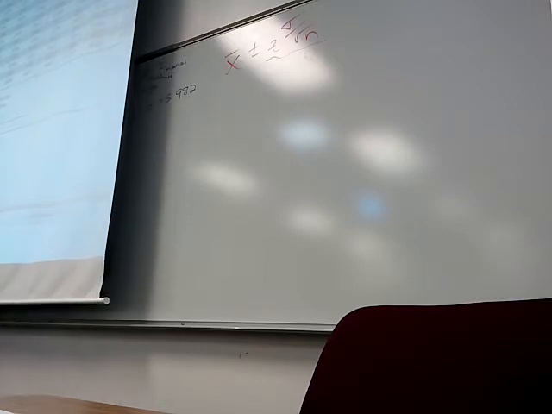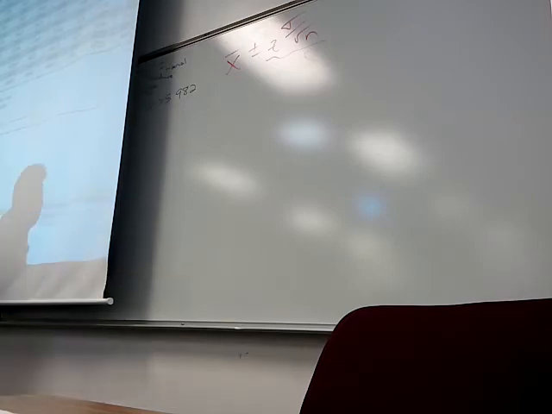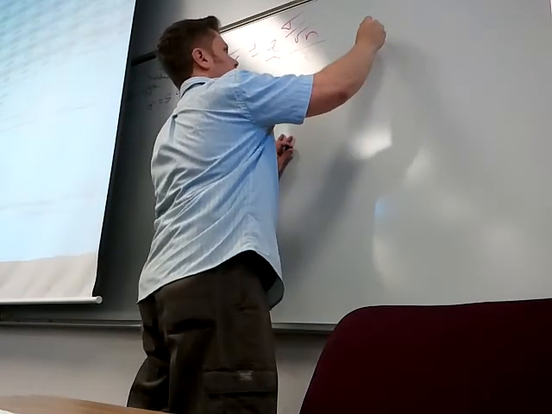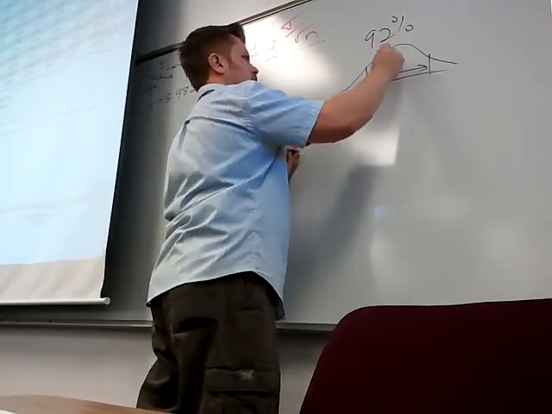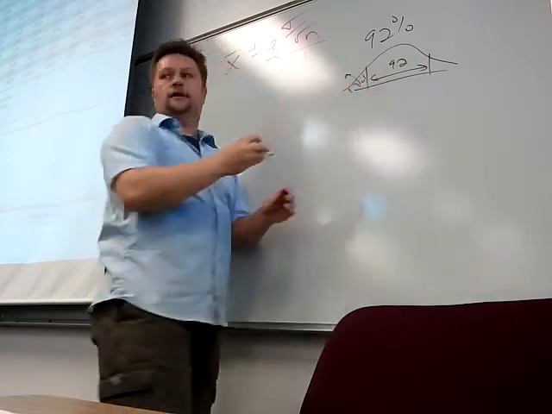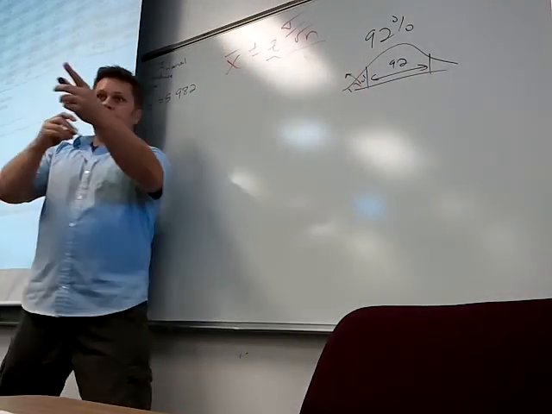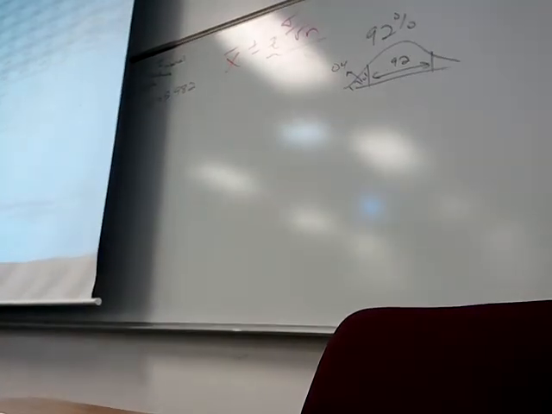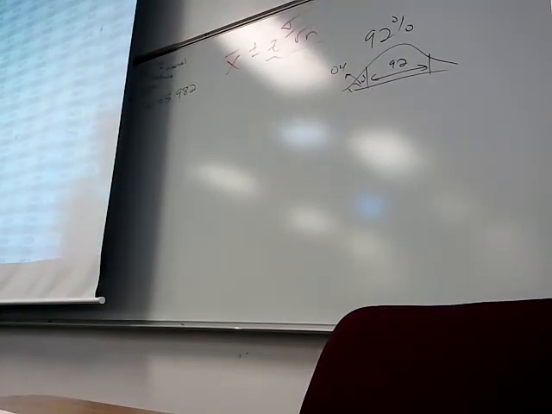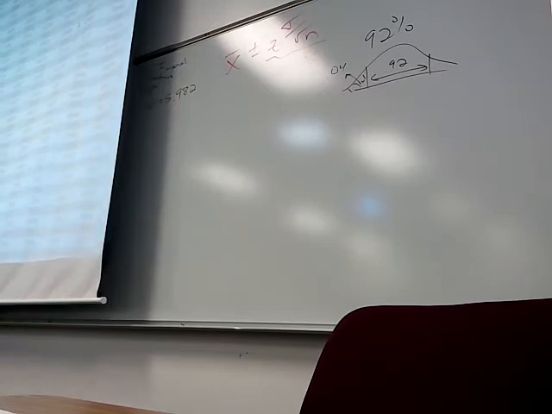Is that cool? So real quick, as long as I have this up here, what if I ask for a 92% confidence interval? What percentage is that? 4%, right? So 0.04. What's the closest I can get to 0.04? You're looking at 1.75.